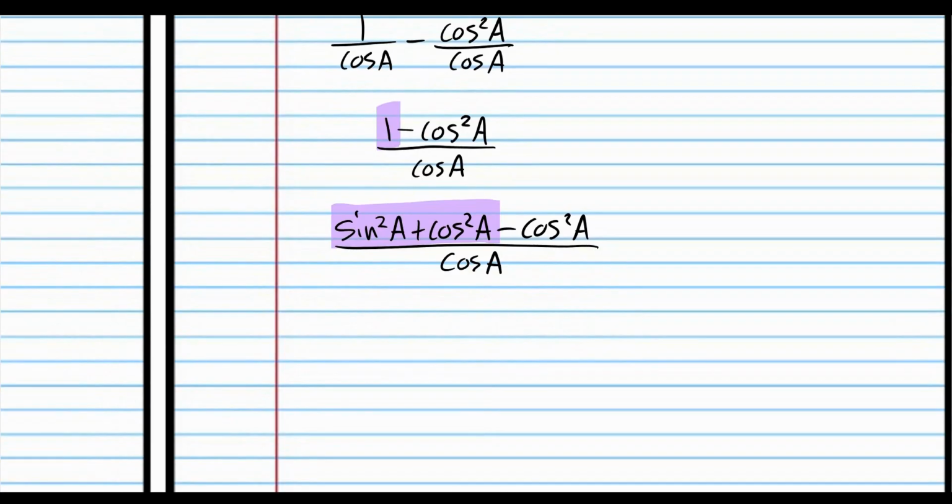The cosines cancel out and we're left with sine squared A over cosine A.